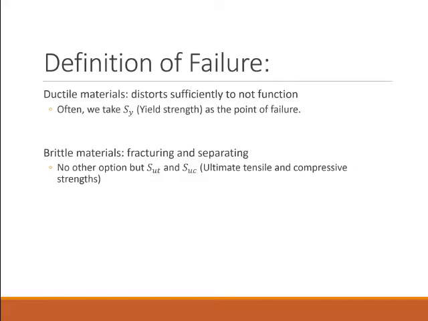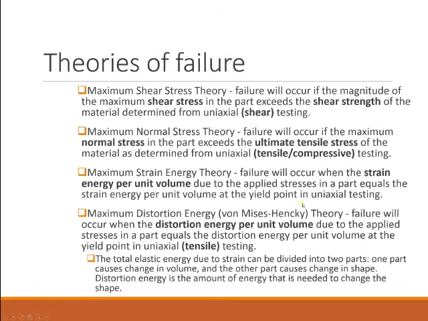There are lots of theories of failure that people have proposed over the years. I'm going to briefly look at 4 of them. The first one is the maximum shear stress theory. Failure occurs when the shear stress exceeds the shear strength, and we decide what the shear strength is by using uniaxial testing.